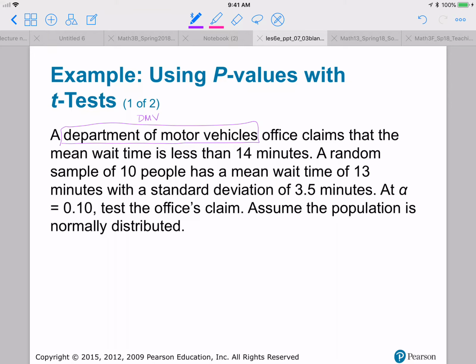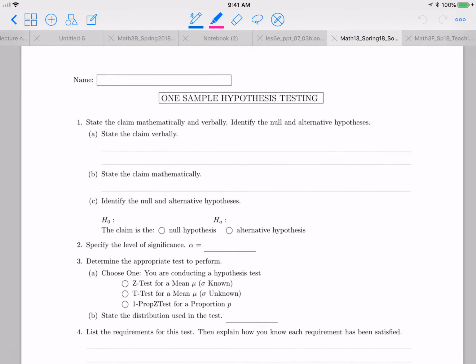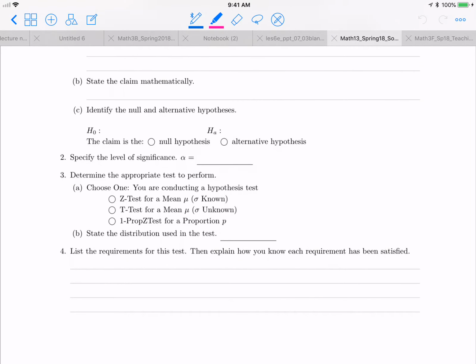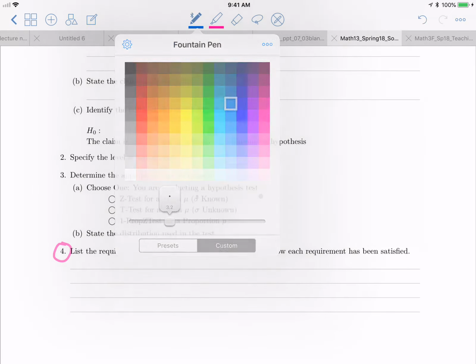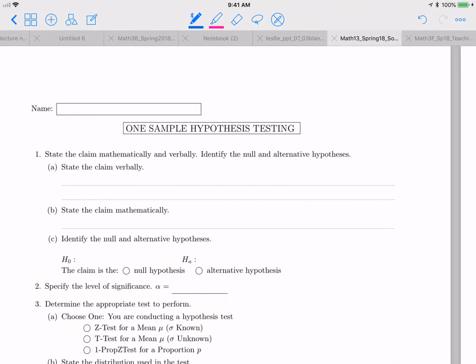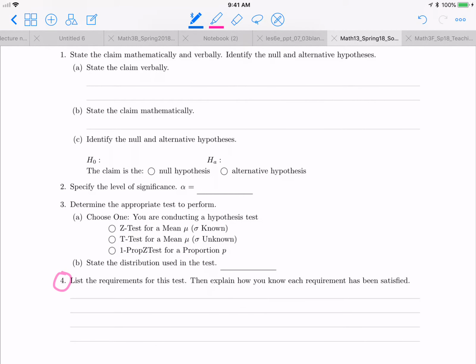Okay, so let's go to our form here. We should have put this out probably on the exam. I might move this number 4 and make it number 1, because you need to know the requirements for the test before you start performing the test. So what are the requirements for using the t-test?